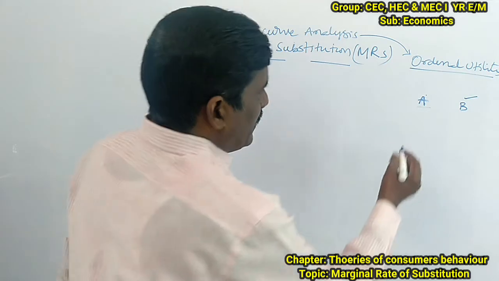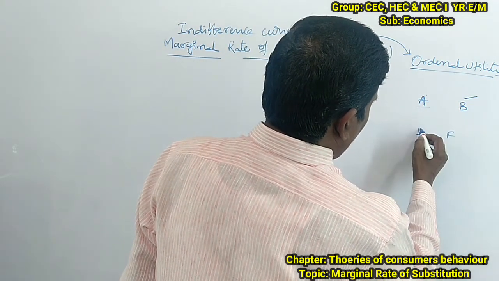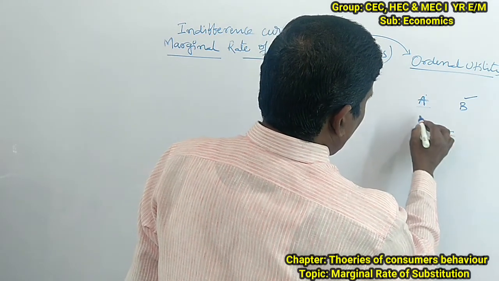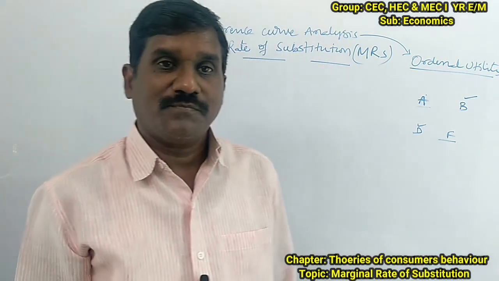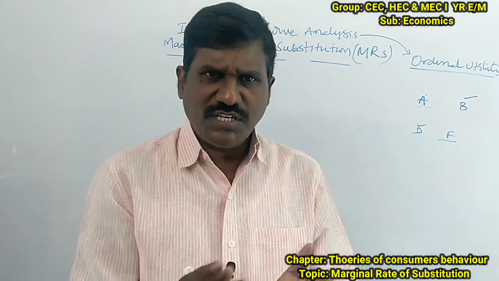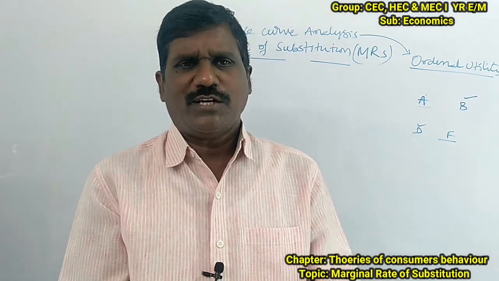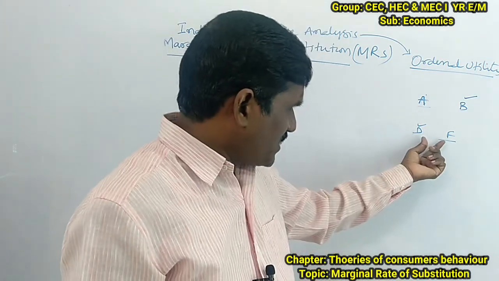Here a good D is there and a good F is there. For example, the D good gives us more satisfaction than the F good combination. Here we are discussing the comparison of utility between one group of combination and another.